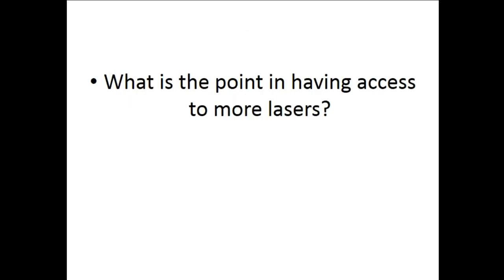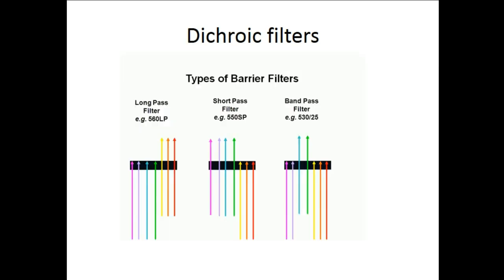So, we have more lasers, we have more fluorochromes, we therefore need more filters to separate the different fluorochromes or light of different wavelength. And this is basically how the flow cytometer does it. It does it through the use of dichroic filters.